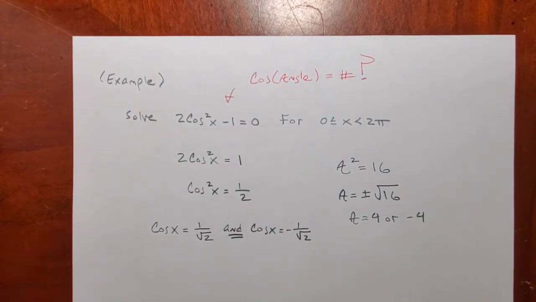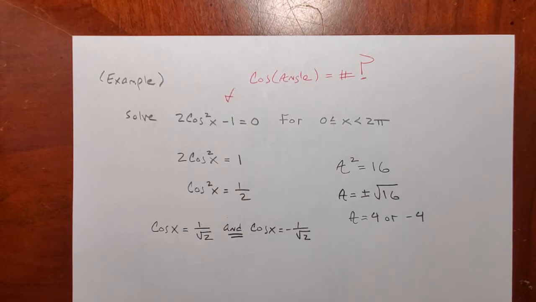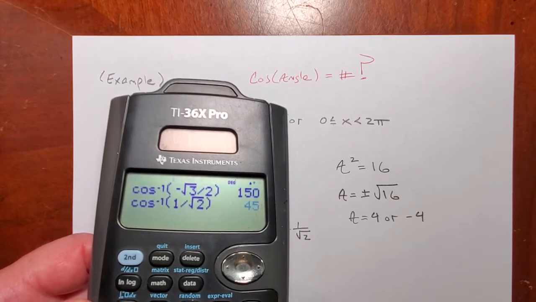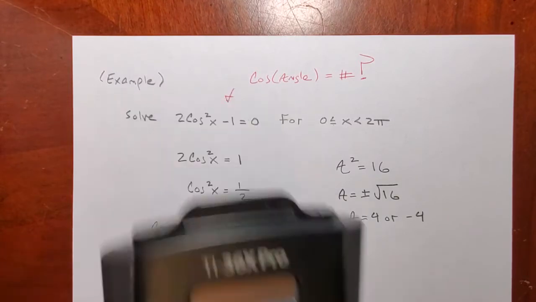All right. Now, if I again use my calculator, and I do this, let's say, what is cosine inverse of 1 over root 2? Just to get us started. I think most people are just going to use their calculator to do as much as they can. So it's 45 degrees. Okay?